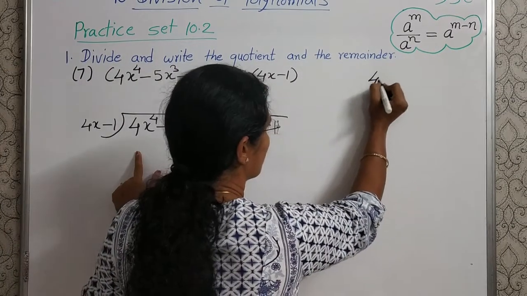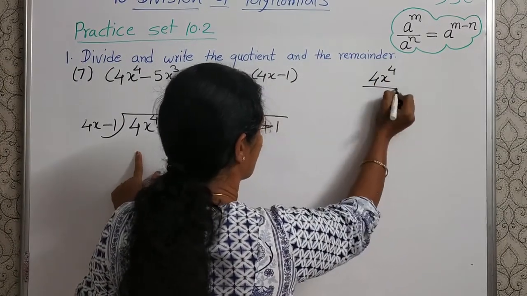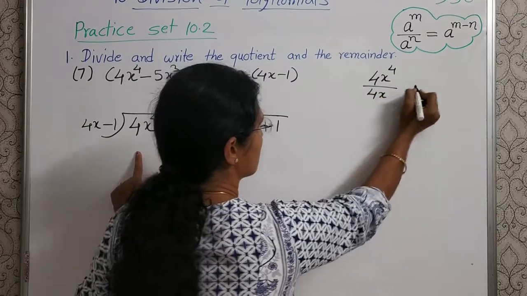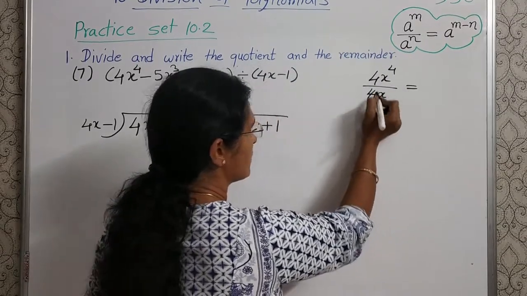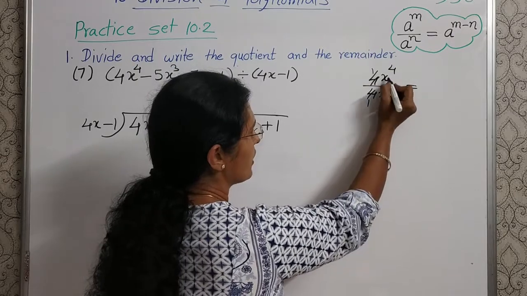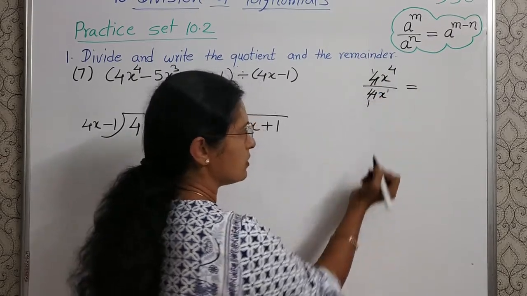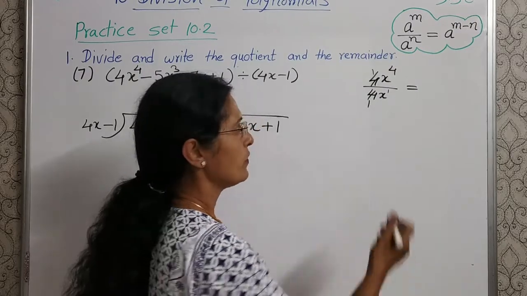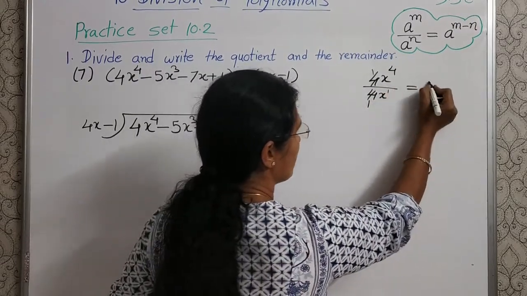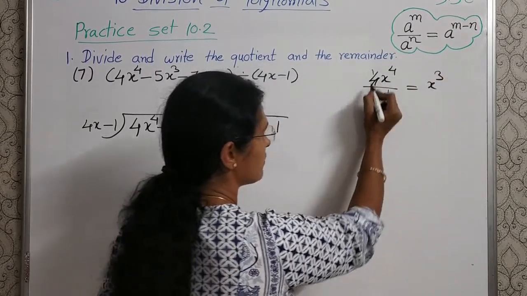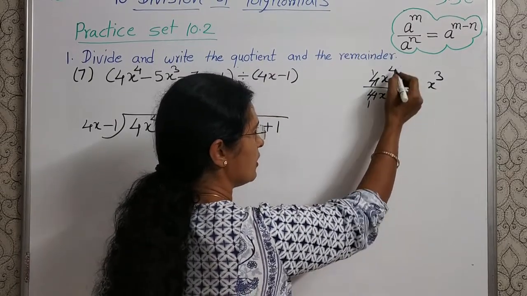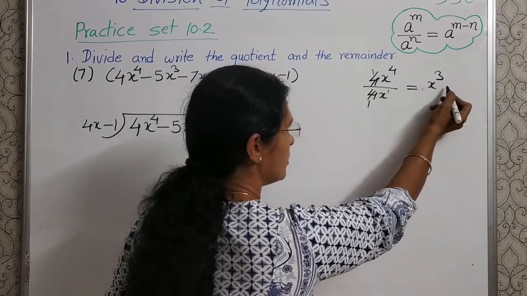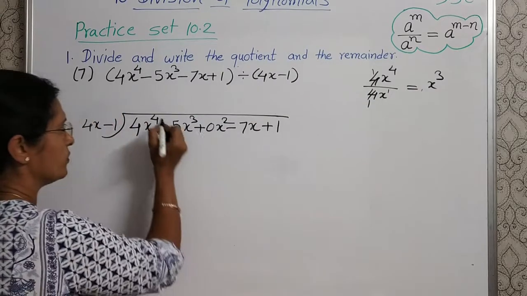So here 4x raised to 4 by 4x. Now here 4 ones are 4, x raised to 4 by x. So it is 4 minus 1 is 3. So the quotient will be x cube, because here 1 by 1 means 1 and here it is x cube. 1 x cube, we write only x cube.